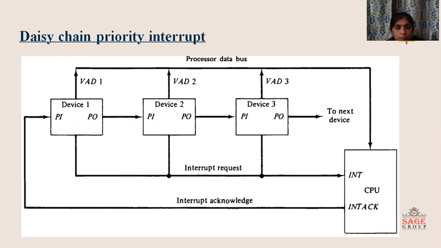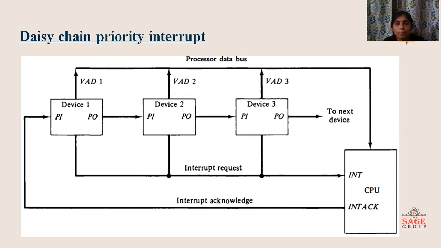Here there are three devices: device 1, device 2, and device 3. All devices are connected in serial order. We can connect any number of devices here, but in this diagram only three devices are connected.